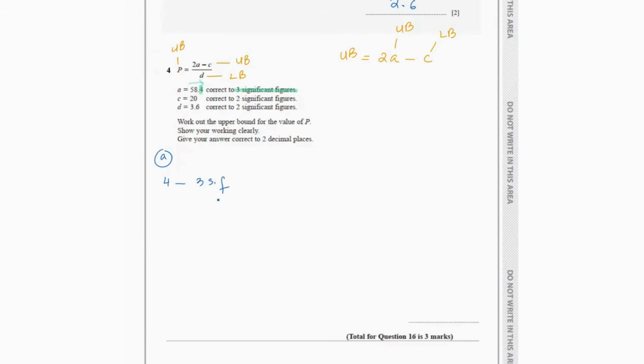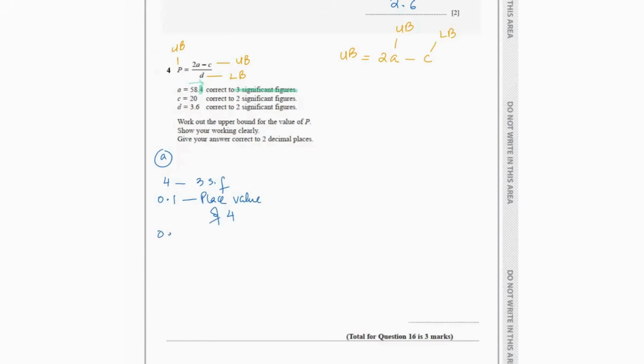Now you have to identify the place value of the significant figure. Place value of 4 is 0.1 because it's in the tenths place. Whatever the place value is, we divide that by 2, always. Once you've identified this significant figure and its place value, you will divide the place value always by 2.